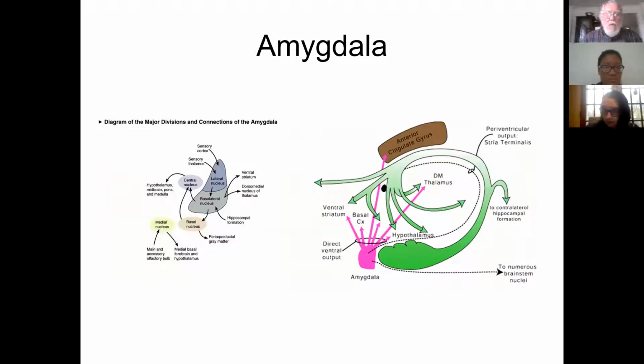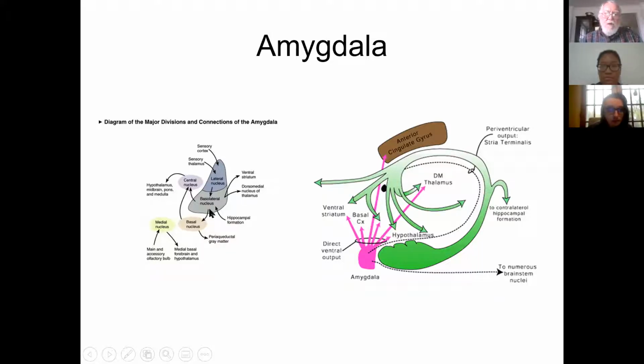And then the central nuclei, in turn, is the major output of this amygdaloid complex. So here we're seeing things like the sensory thalamus and sensory cortex come through the lateral nucleus into the basolateral nucleus, and the basolateral nucleus can project to the dorsomedial nucleus of thalamus and ventral striatum.